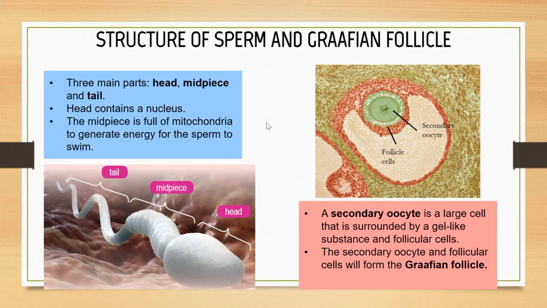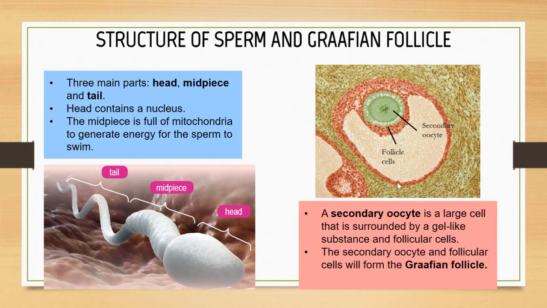Whereby for the Graafian follicle, this is the Graafian follicle. The secondary oocyte is a large cell that is surrounded by a gel-like substance and follicular cells. The secondary oocyte and the follicular cells form the Graafian follicle. So the whole thing here we call the Graafian follicle.